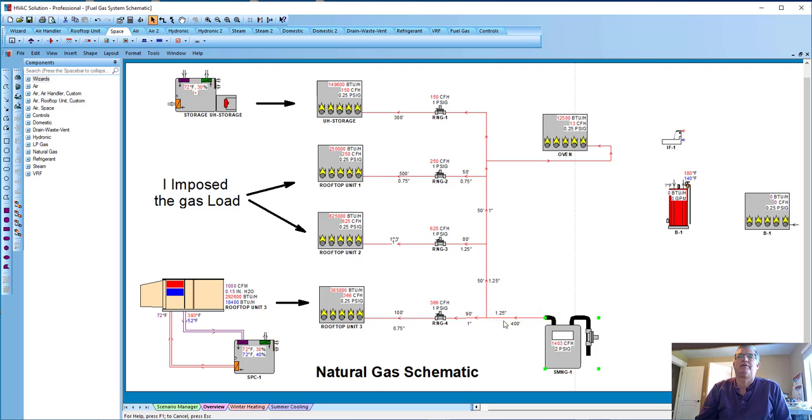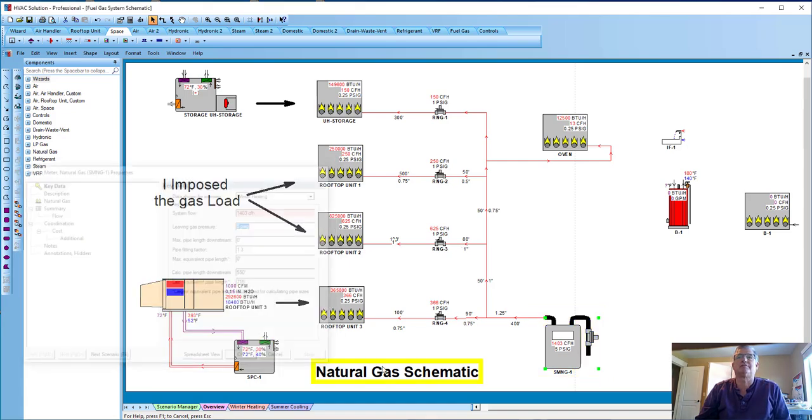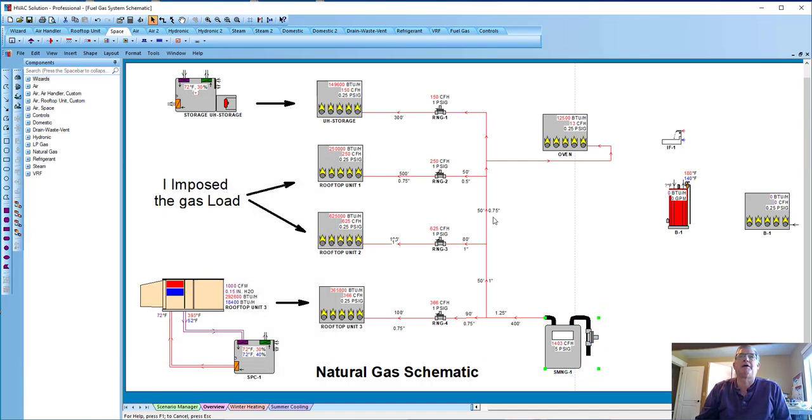Based on that, we're sizing the pipe. I put in some pipe lengths as well in the system. If we happen to change this load here, not the load, the gas pressure, let's go to 5 PSI. So we had a meter did that, 5 PSI. Now you'll see some of the pipe sizes changed based on that load there.